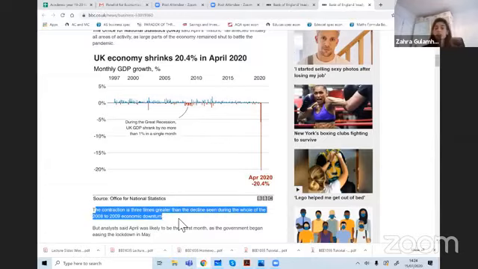We also had interest rates dropped the first time on the 11th of March, and then it dropped again on the 19th of March, just a week later. And currently it's at 0.1%. Very, very important. It's the lowest it's ever been in the history of the UK in 325 years. So very, very important for your application.